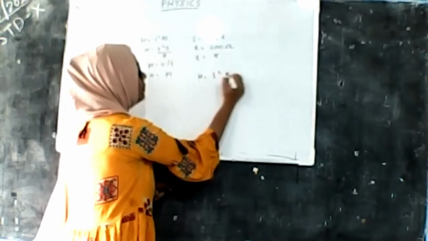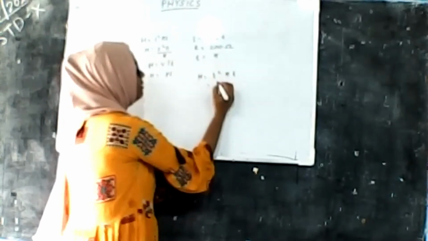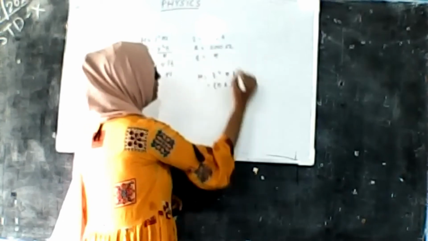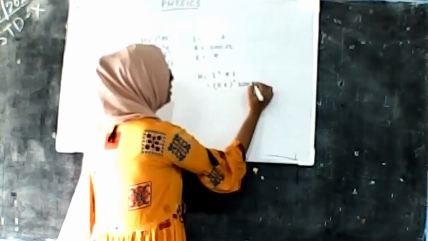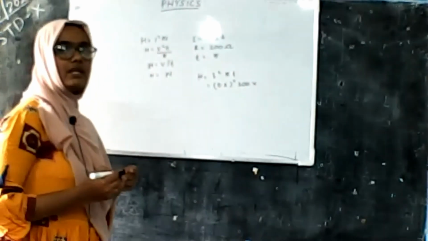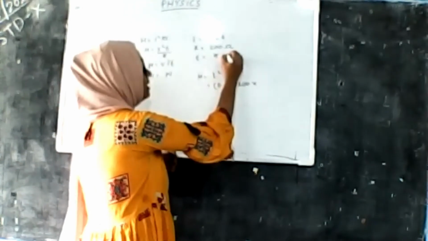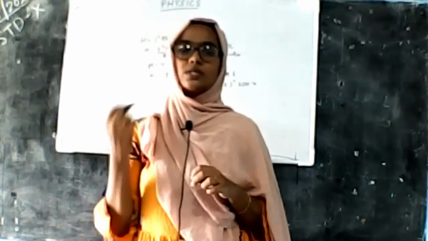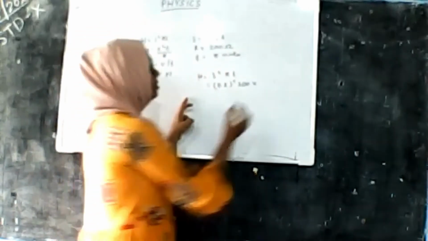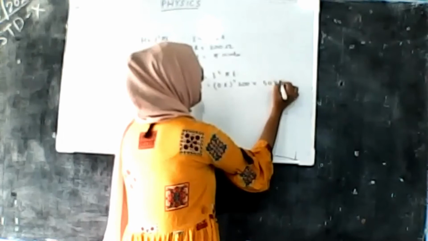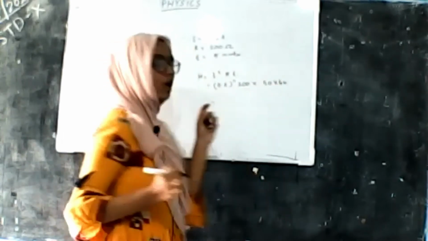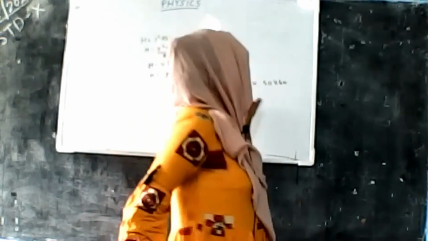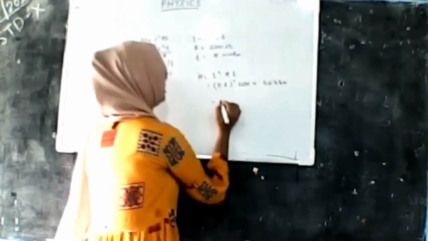H is equal to I square RT, when we have 0.2 square into 200 into, here the time is in terms of minutes, so we have to convert these minutes into seconds. So 5 into 60. So 0.2 square into 200 into 5 into 60, we get 300.